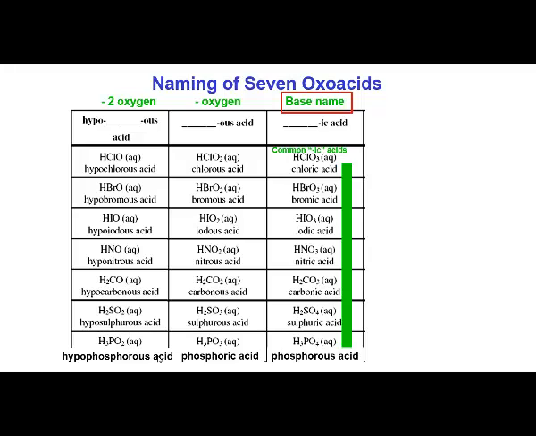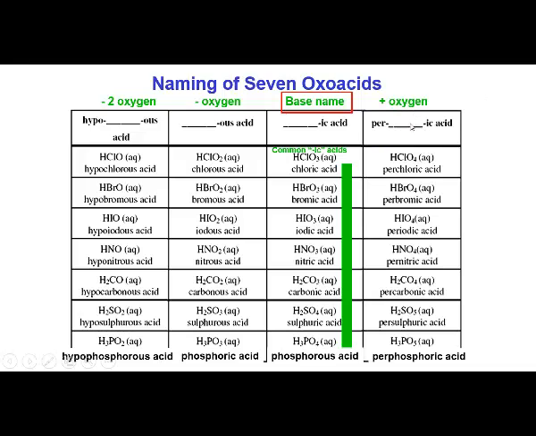Now if I add the prefix per, it means the same thing that it meant with respect to my oxoanions. So I would add 1 oxygen and have a per element name ic acid. So perchloric acid, perbromic, periodic, pernitric, percarbonic, persulfuric, and perphosphoric acid.